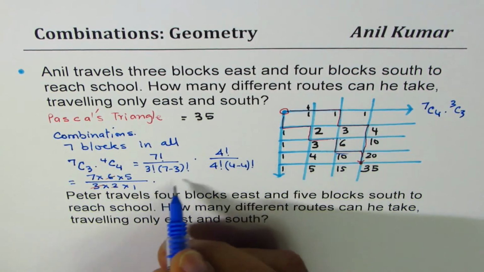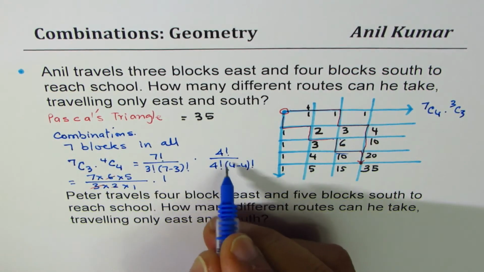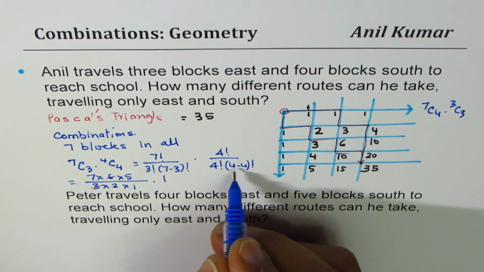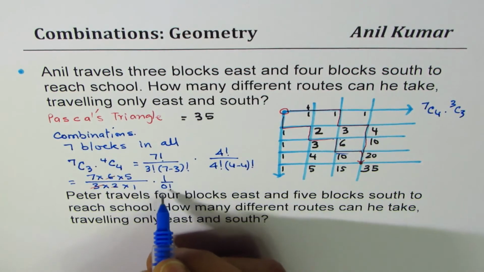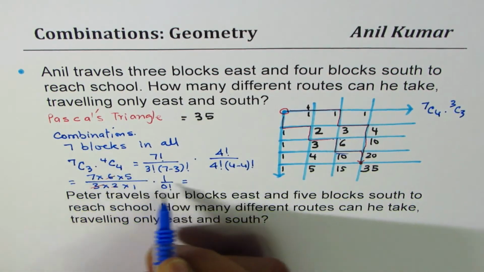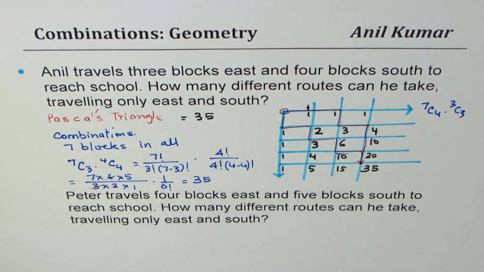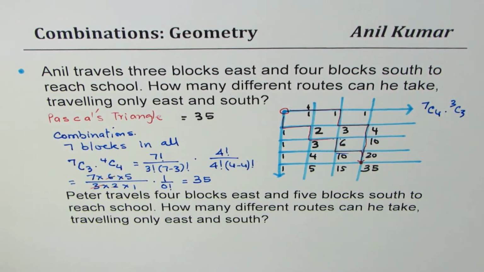Times 1, is it okay? Times 1, because this is 4 factorial, cancel. This is 4 minus 4 is 0 factorial, which is 1. Right, let me write 0 factorial, which is 1. And so what we get here is 35, the same answer. Perfect. So that is the way you could do using combinations. I hope both the methods are absolutely clear.